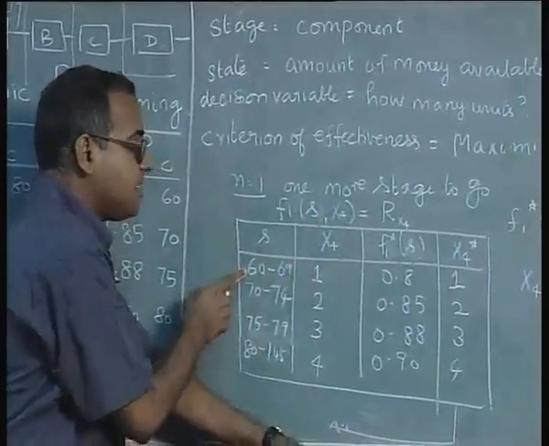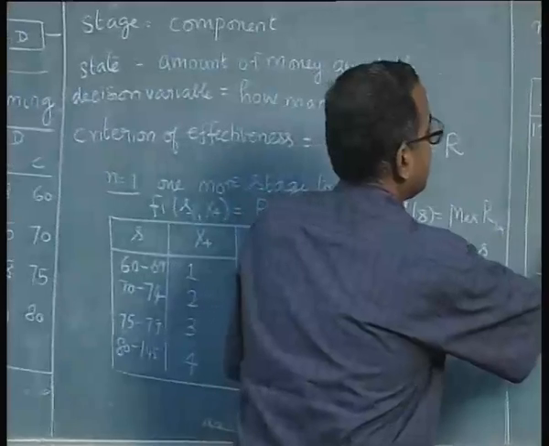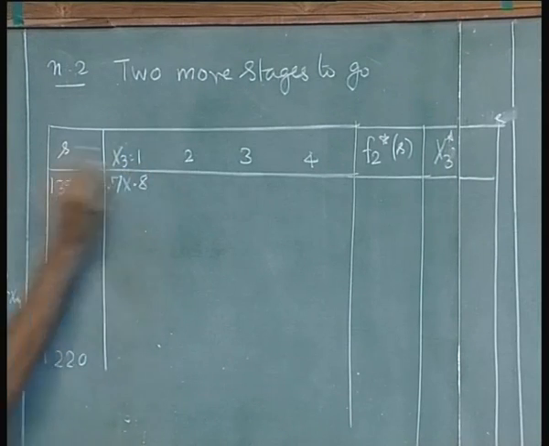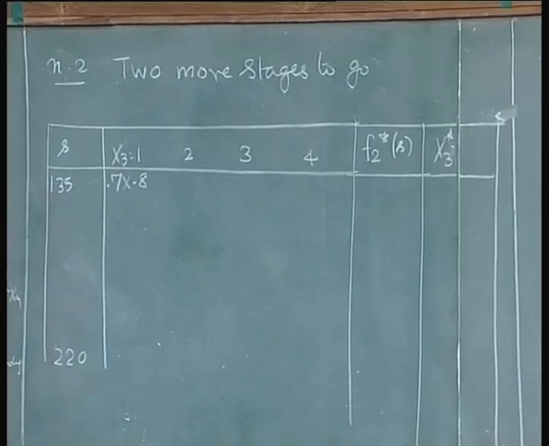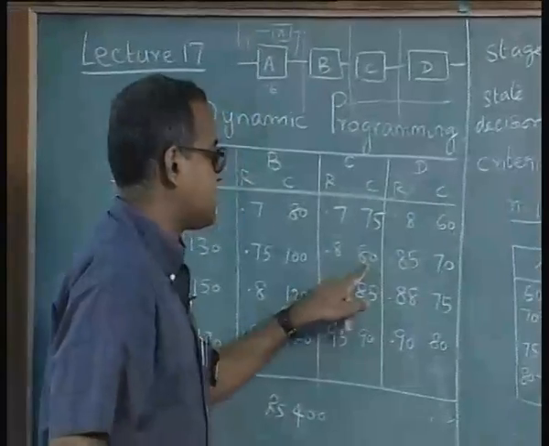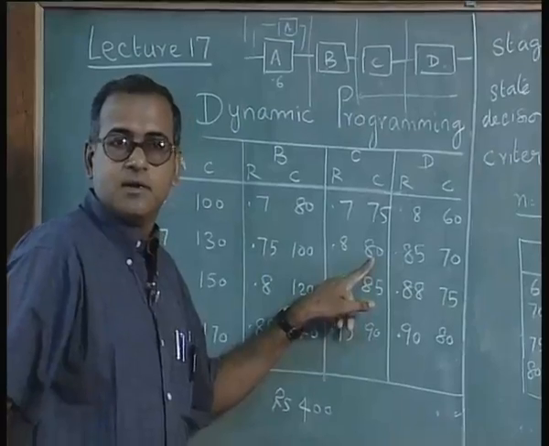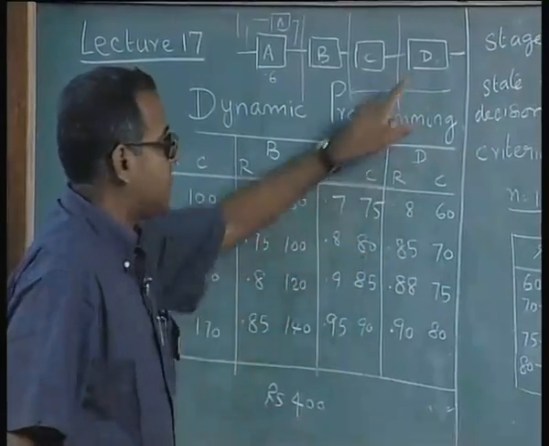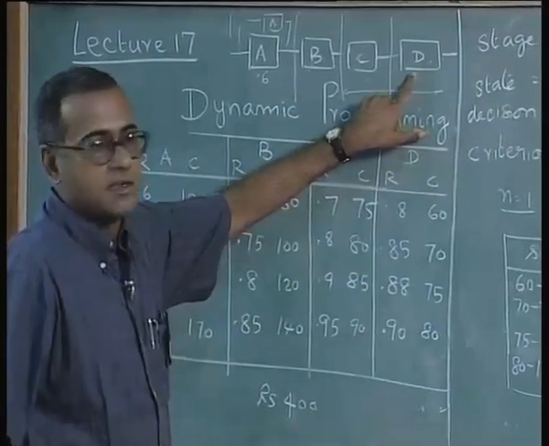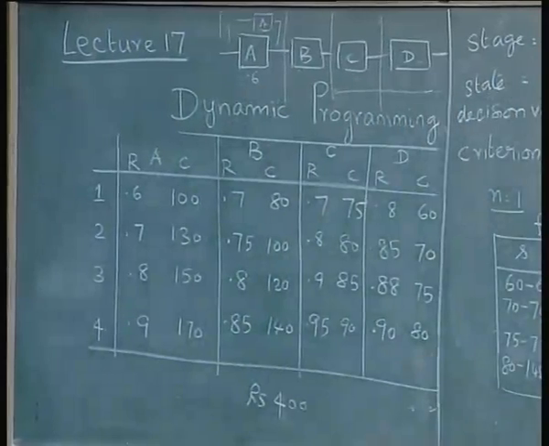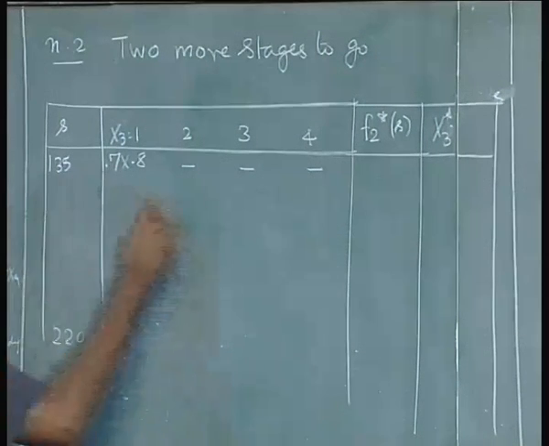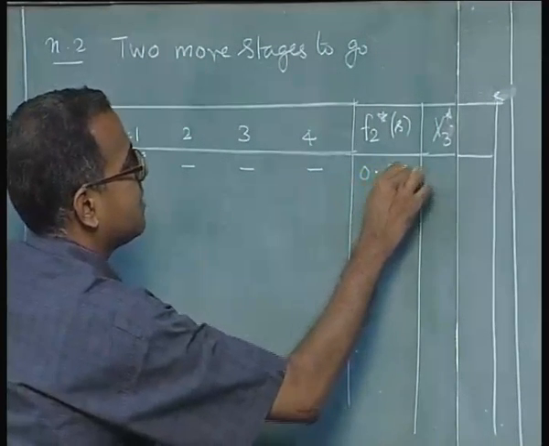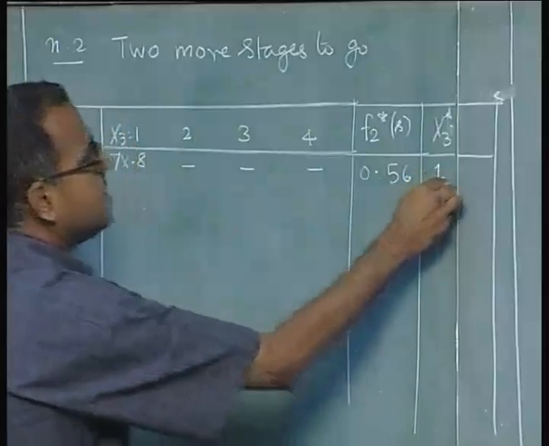So when I have 60, I get another reliability of 0.8, which I have. Now when I have 135, I decide to buy 2 of C, which means I spend 80. I have the balance 55 available for this. I cannot buy anything, so I do not look at these alternatives, all the 3 alternatives. So when I have 135, I have only one alternative, which gives me a reliability of 0.56, and x3 star is 1.